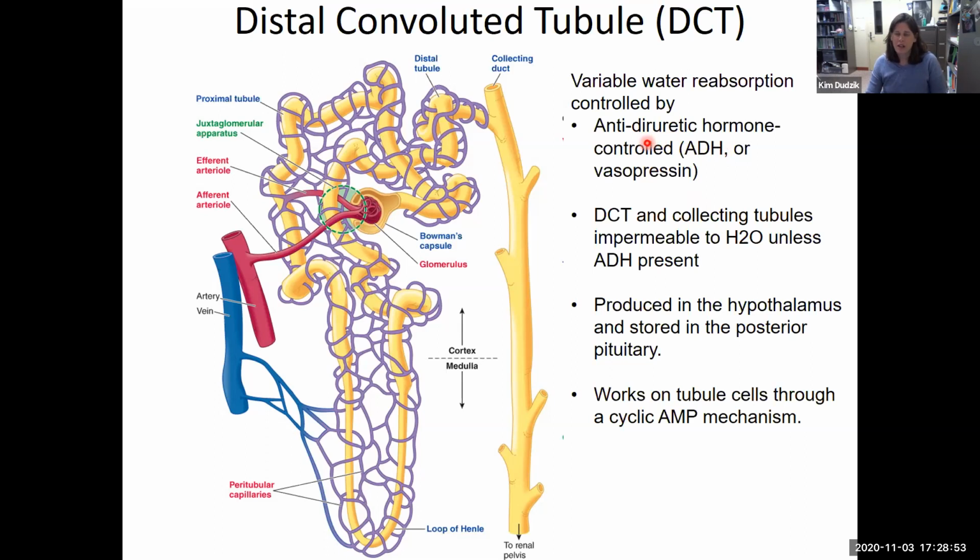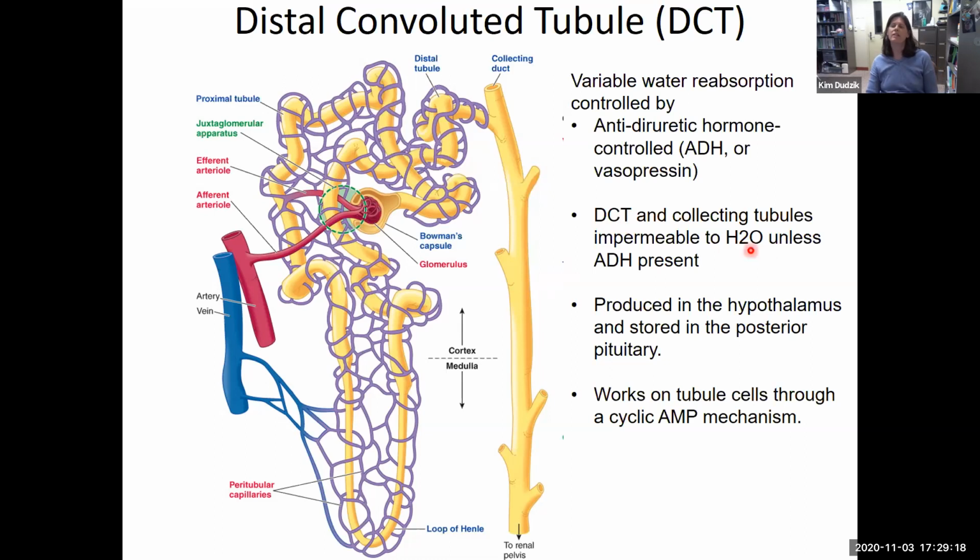But the target cells of this hormone are the cells of the DCT and the collecting duct. It will bind to the receptors on those cells, and basically what it does is it inserts little pores, or little channels called aquaporins, which makes this more permeable to water.